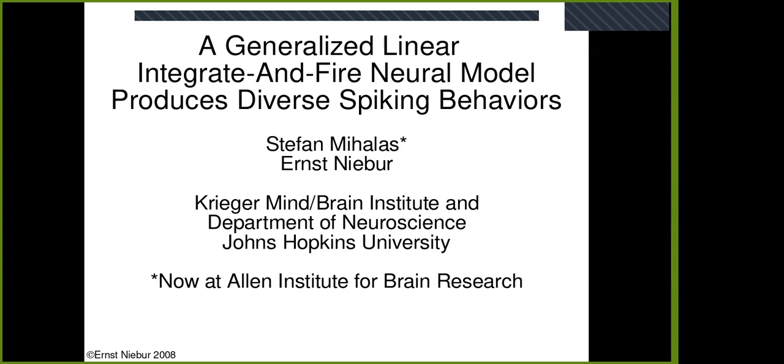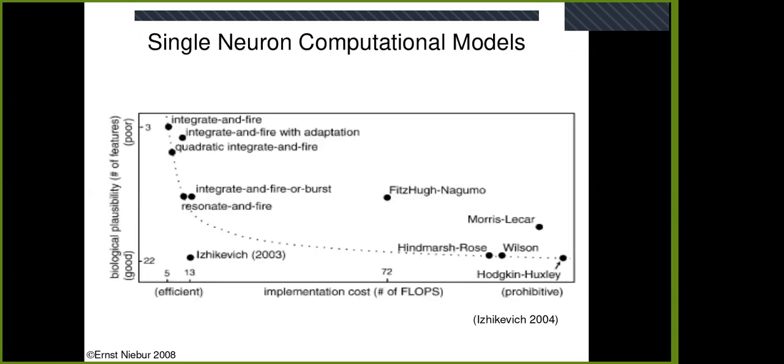So let me start with an overview slide from Eugene Izhikevich, from a quite well-cited paper from 2004. What he did is list a few of the commonly used single neuron computational models.